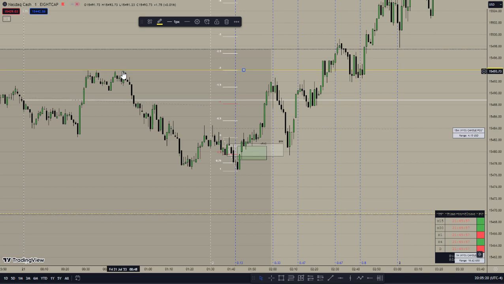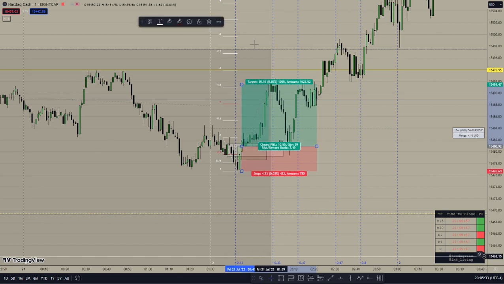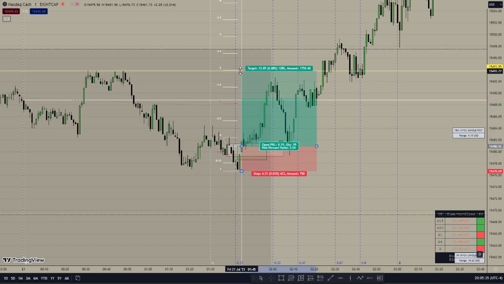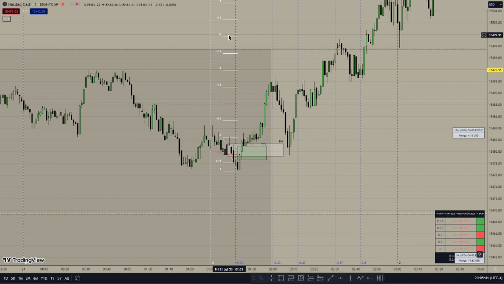The precision. This is algorithmic, guys. So if you buy here, if you went long here, your stop will be below this order block, and your take profit will be here. Okay, as you can see. So let's keep going. Let me delete this one.